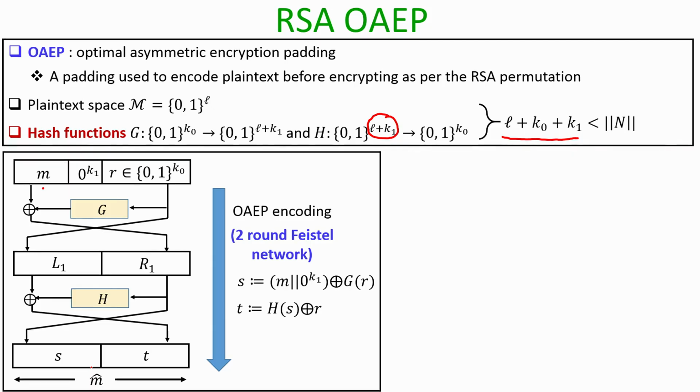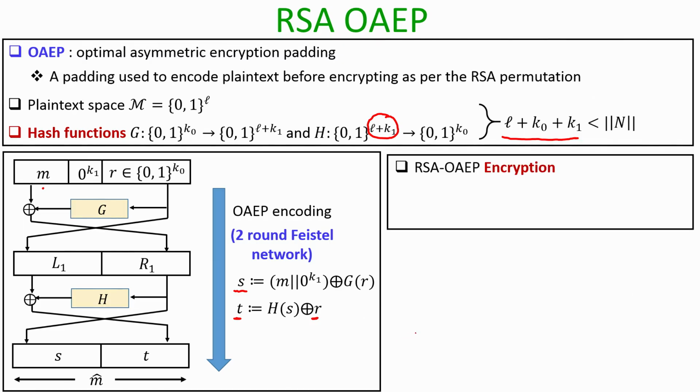As per the Feistel network nomenclature, it is easy to see that the s part in the element m hat will be the XOR of g of r and the concatenation of m followed by k1 zeros, whereas the t part of m hat is nothing but the XOR of r with the output of the h function on the input s.